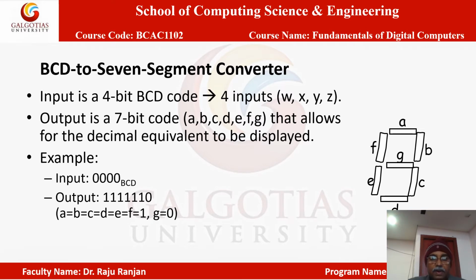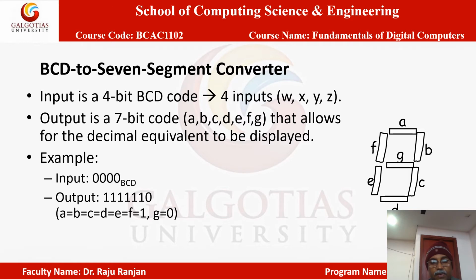For example, if you want 0 to be displayed, then the input will be 0, 0, 0, 0, means in BCD 0 is represented as 0000. And what will be the output? Except LED G, all the LEDs will be on. Means LEDs A, B, C, D, E, F, all these 6 LEDs will be on, and one LED G will be off.